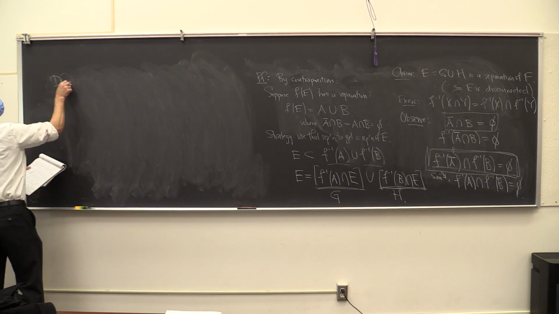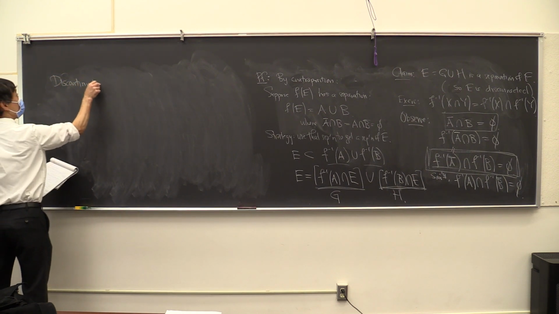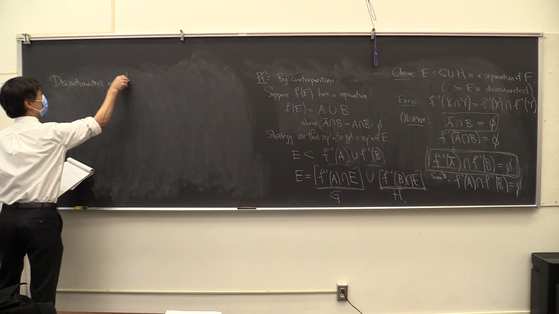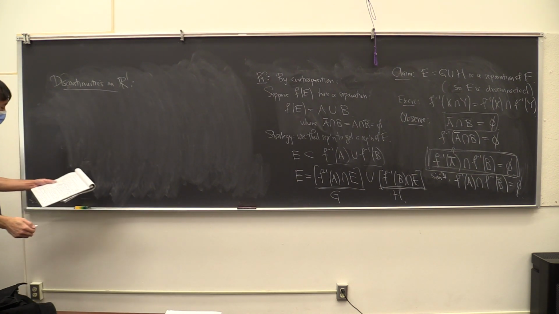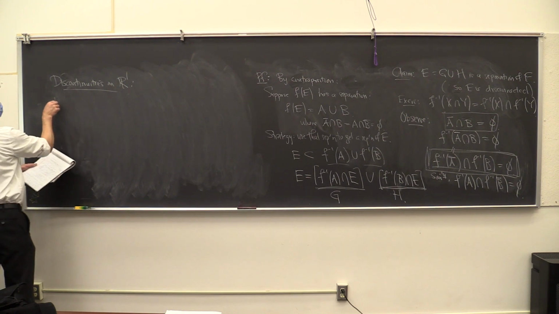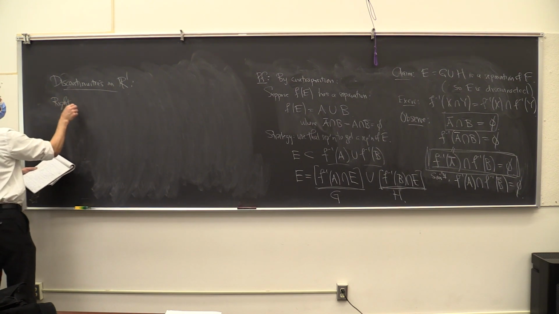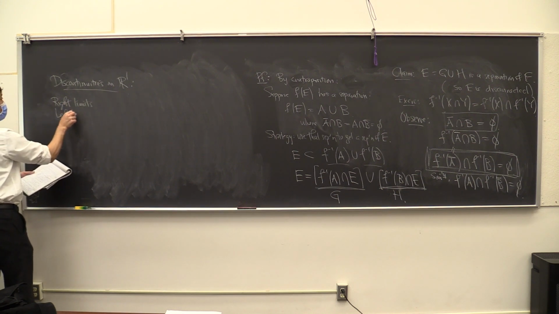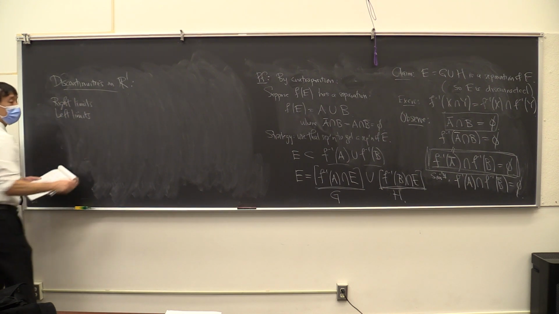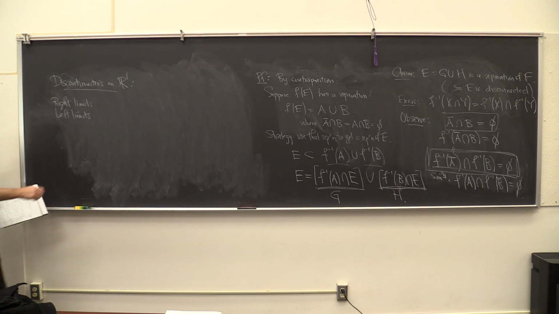Discontinuities. Discontinuities on R1. So, first thing we're going to do are so-called right limits and left limits, which are things that you might have seen in Calculus 1.